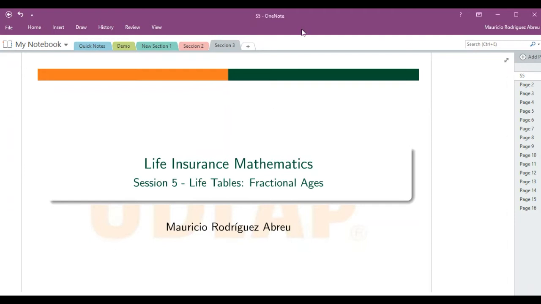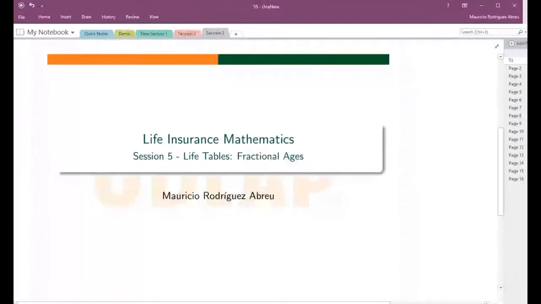Now, let's continue talking about life tables, but in this session we're going to discuss what to do when we have fractional ages or fractional durations. If we have a mortality model, there is no problem.